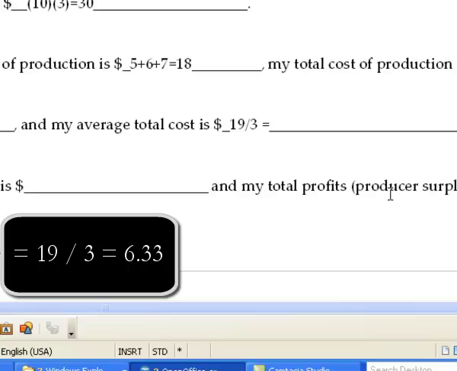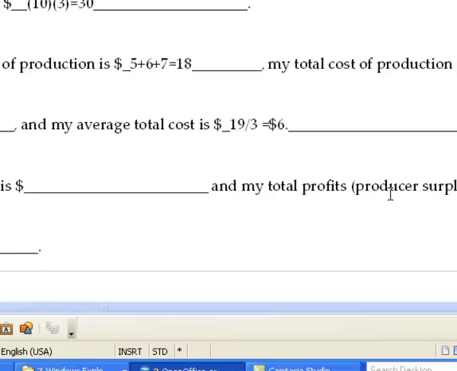And when I take 19 divided by 3, I get 6.3333. This just means on average it costs you $6.33 to produce each unit.